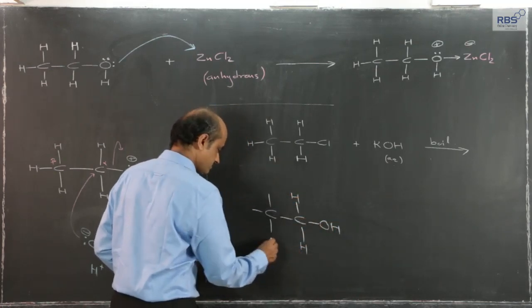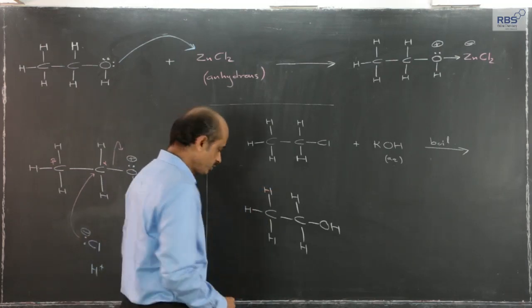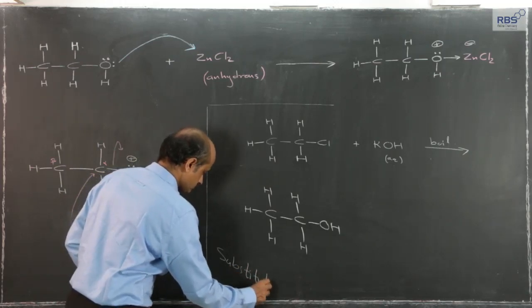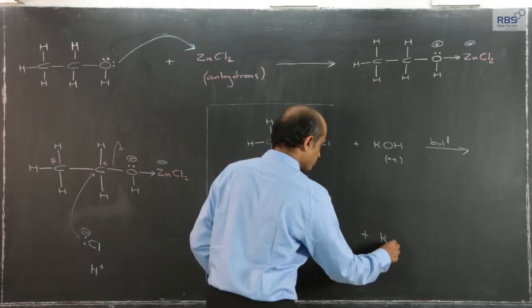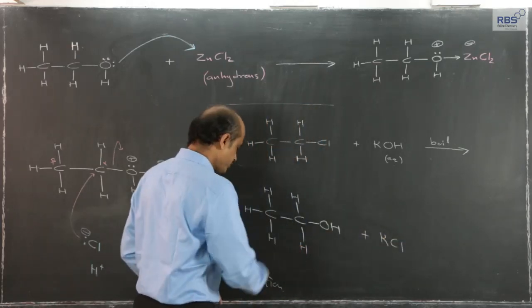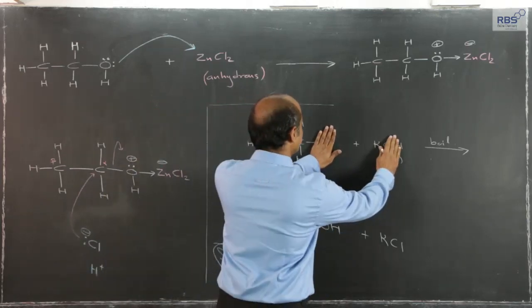Means what has happened is nothing but substitution. This is a substitution reaction because halogen has been replaced by OH.